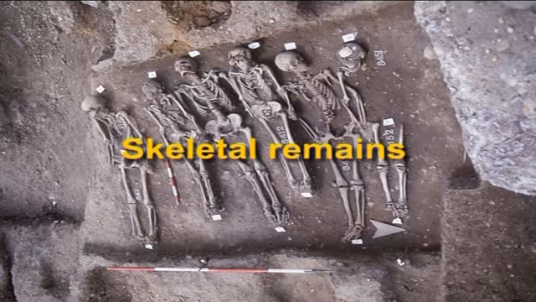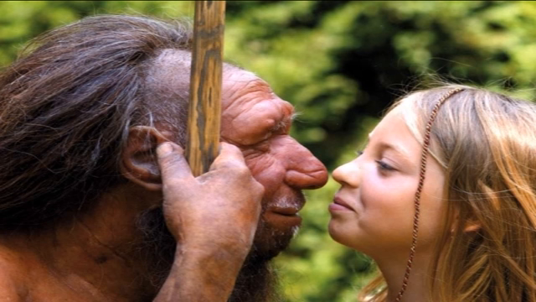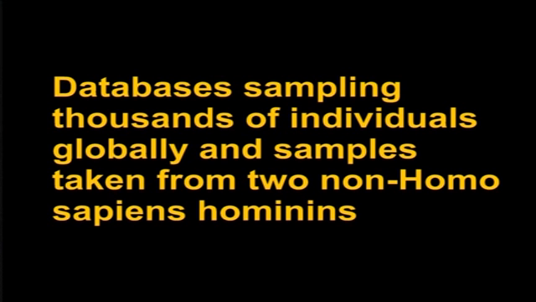Based on primary observations of skeletal remains of ancient humans and estimations of their age, anthropologists proposed two competing hypotheses about human origins. However, in light of recent data from the 1000 Genomes Project, databases sampling thousands of individuals globally, and samples taken from two non-Homo sapiens hominins, the picture of human evolution has become more resolved.